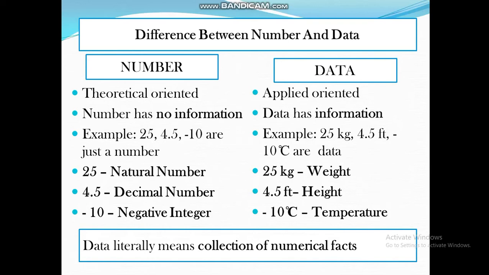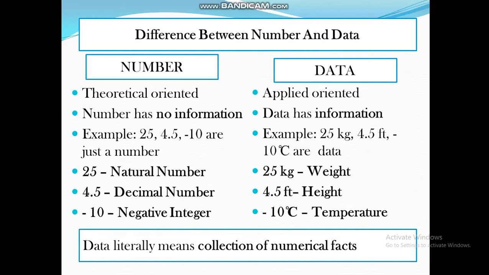In this example, 25, 4.5, minus 10 are just numbers, but in statistics 25 kg, 4.5 feet, 10 degrees Celsius are data. So the data has meaning.